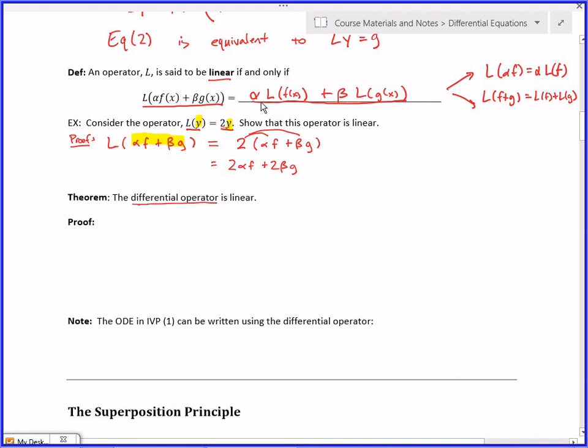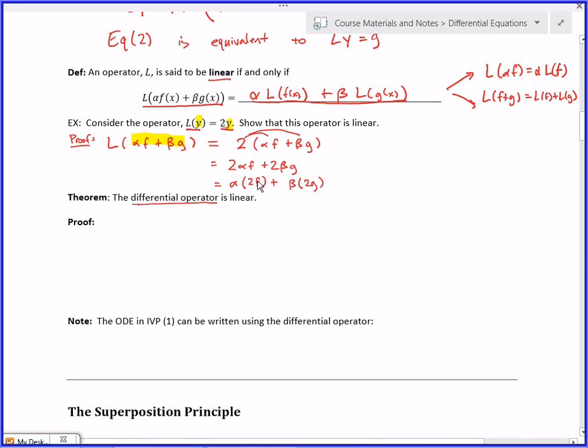What I'm trying to get to is alpha times L of f plus beta times L of g. Well, pull the alpha out of the first one and write it as 2f, plus, take the beta out of that one, 2g. That's because of associativity and commutativity, actually both, of multiplication.